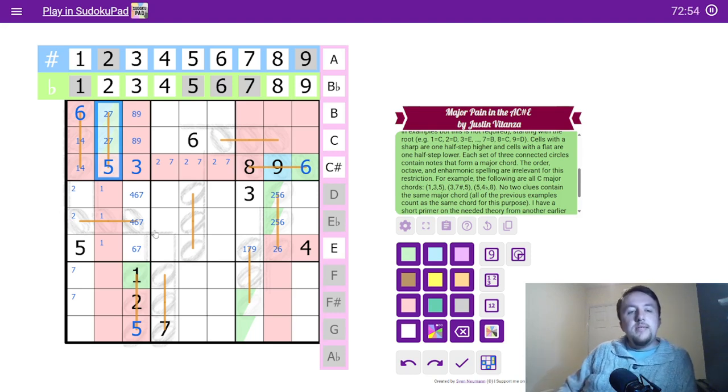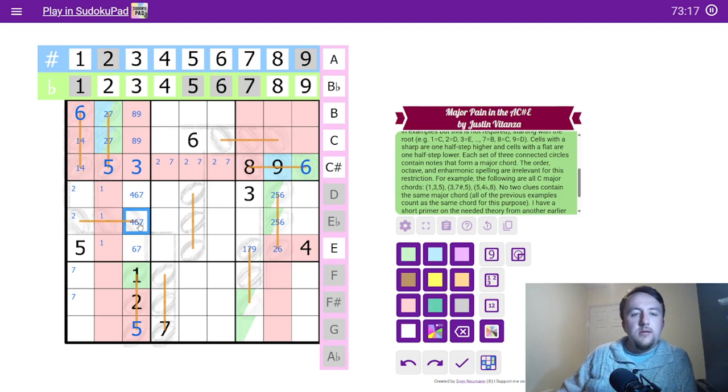So if we have a sharp 6 here, it must be on the triad and it must be part of B flat major, which requires a 2 and then either a 4 or a sharp 3. But it couldn't be a sharp 3 if we've already got a sharp 6 in the box.